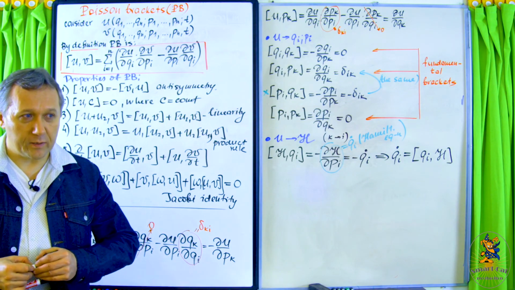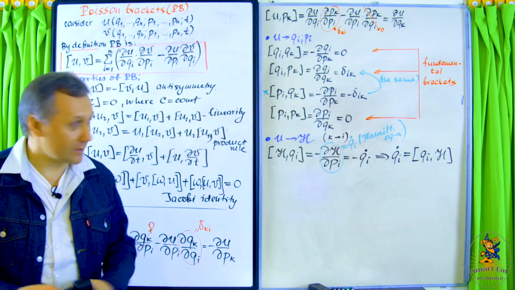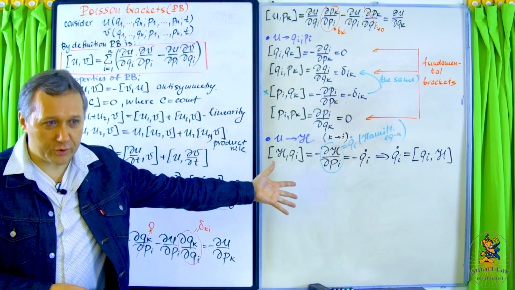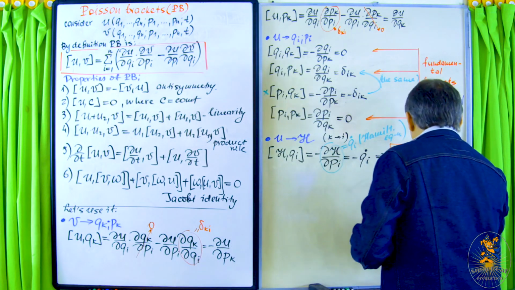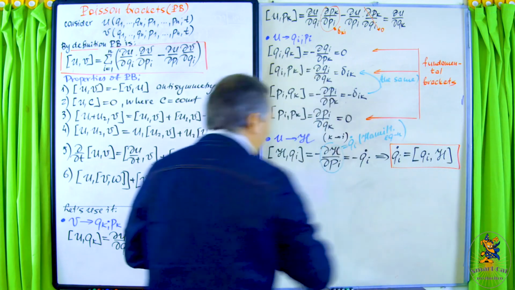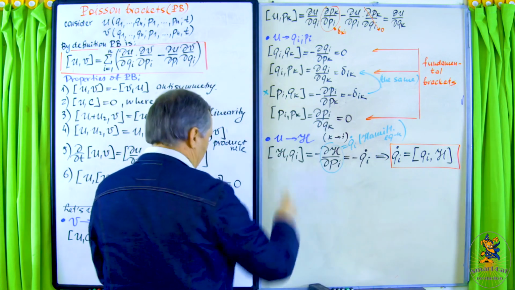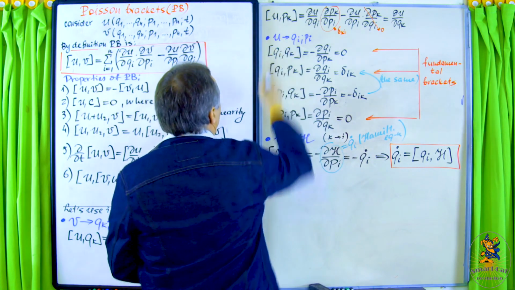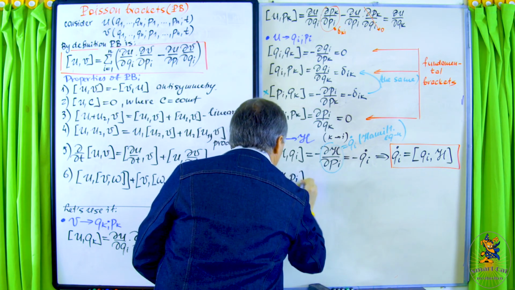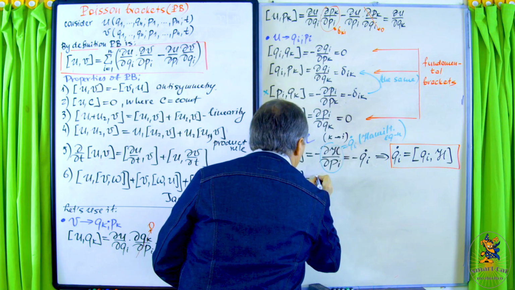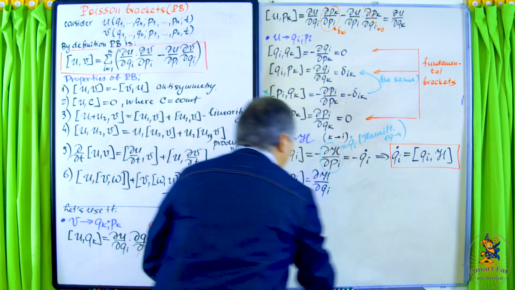So now it looks like we can rewrite the whole Hamiltonian world in terms of Poisson brackets. If you can write equations of motion, then, you know what, let me quickly write the second one. Okay, I will be faster now. This will be the bracket of H and p_i equals the partial derivative of H with respect to q_i.